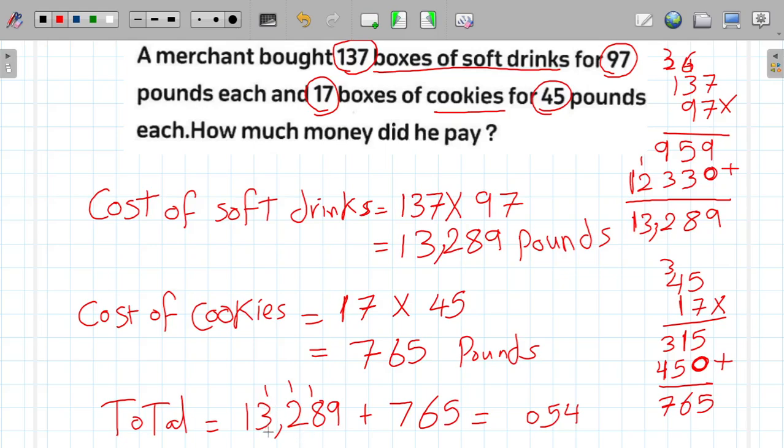And 1 plus 13 equals 14. So the total cost is 14,054 pounds. So the total cost, or what he paid, is 14,054 pounds.